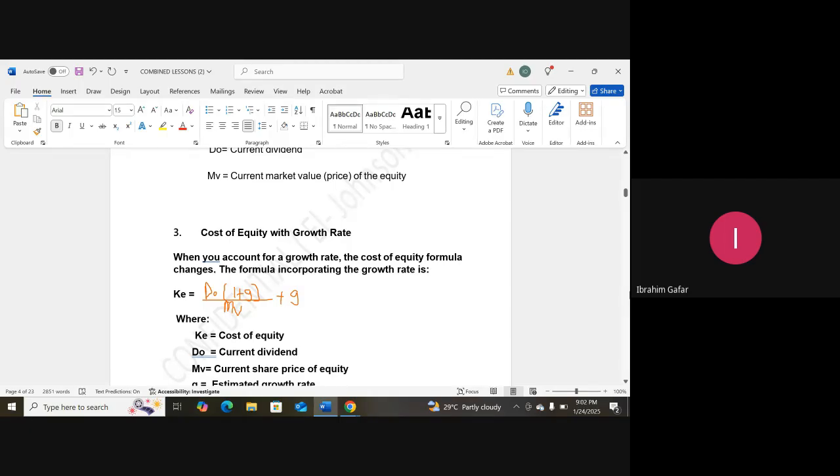When you are given a market value in terms of cum div, it means that the dividend is incorporated in the market value given to you.